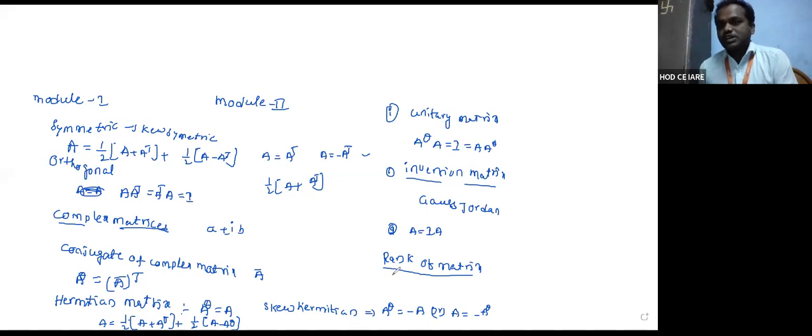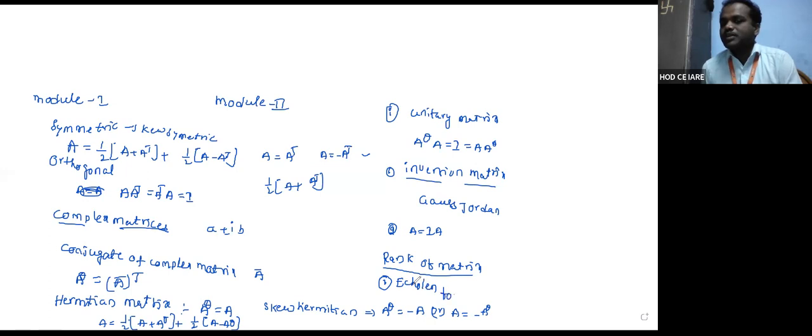So the elementary operations are: any row multiplied with some constant, and with another row we can add or subtract. These are what we use for the rank of the matrices. The first method is using echelon form.